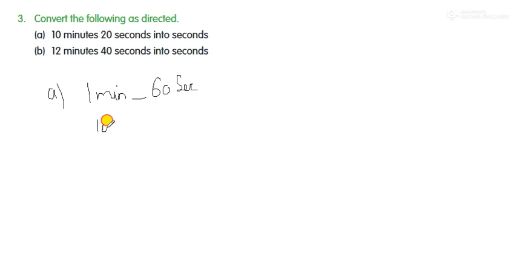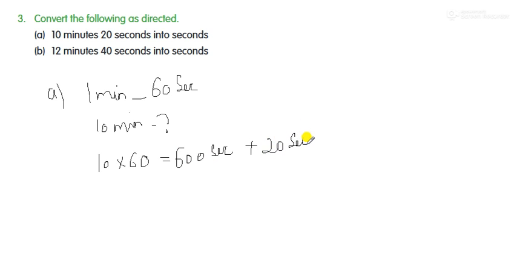So 10 minutes equals 10 into 60, which is 600 seconds. This 600 seconds plus 20 seconds equals 620 seconds.